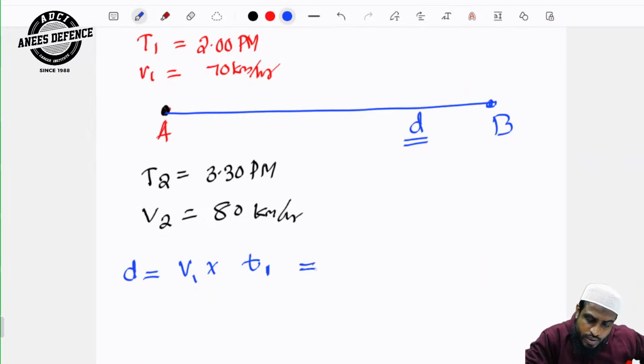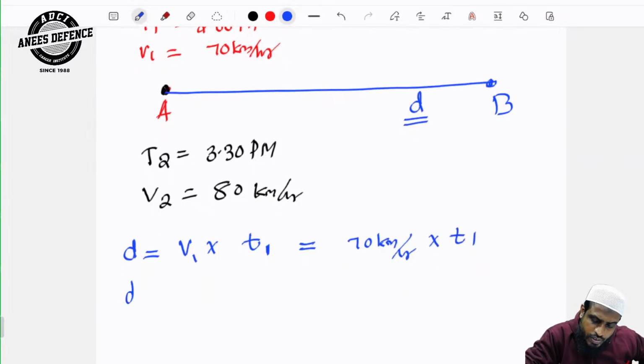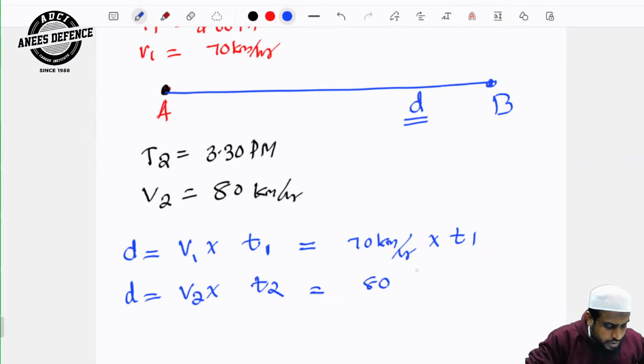Here v1 is 70 kilometer per hour and the time is t1. In the second case, both trains travel the same distance, then only they can meet each other. So d equal to v2 into t2. So v2 is equal to 80. It is not 80, it is given as 85 kilometer.